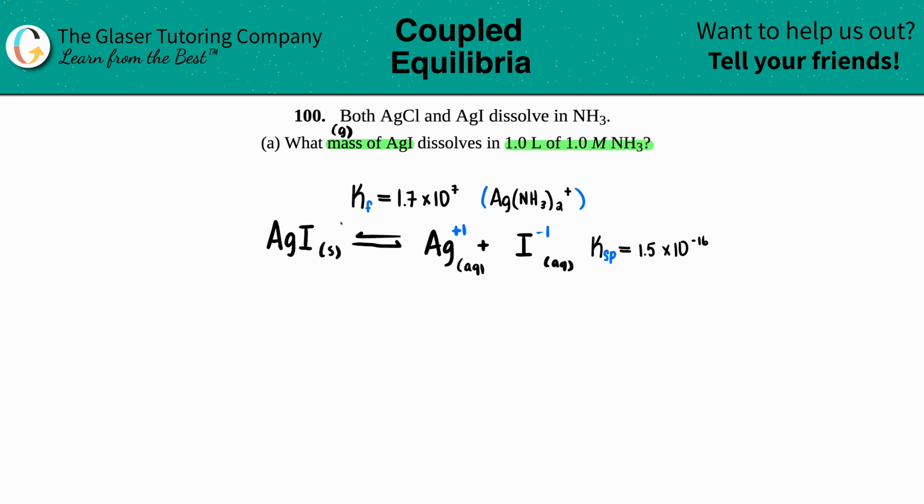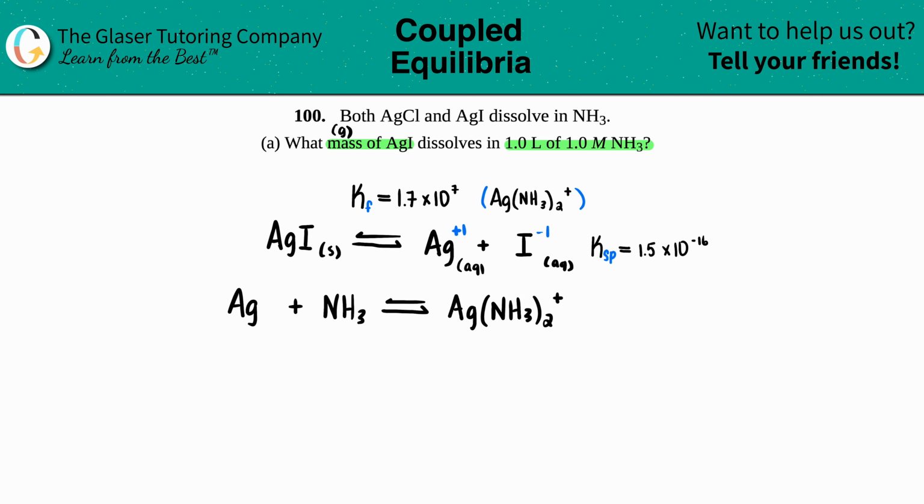So now just know that we are forming the complex ion. That means the complex ion has to be on the right side, and the two components are going to be on the left. This is between Ag plus, and maybe I'll leave the charges in, plus the NH3. Together they come together to form Ag(NH3)2 plus.